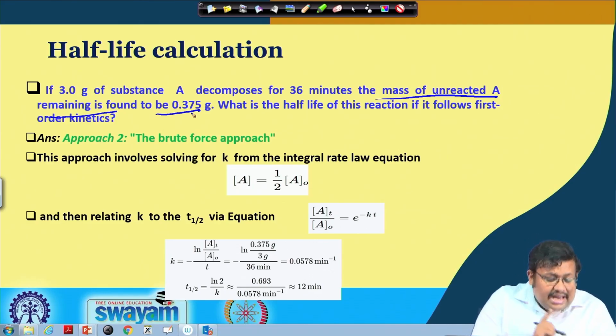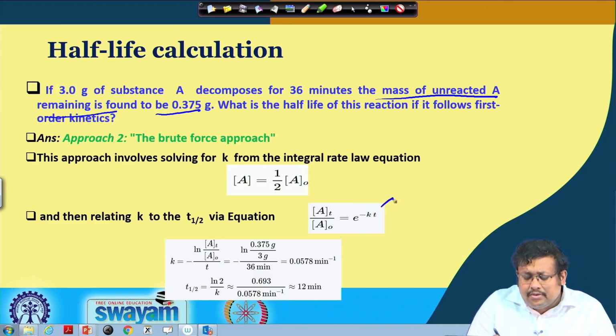Here you can see this approach involves solving for k first from the integral rate law equation. We know that A by A0 equals half in this case, so from there we can relate this k to the t half via this equation. If we simplify this integral equation, this is the actual form.